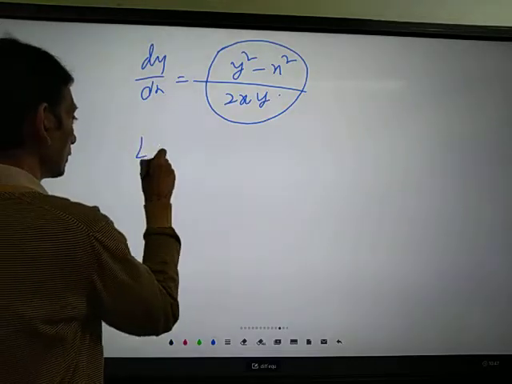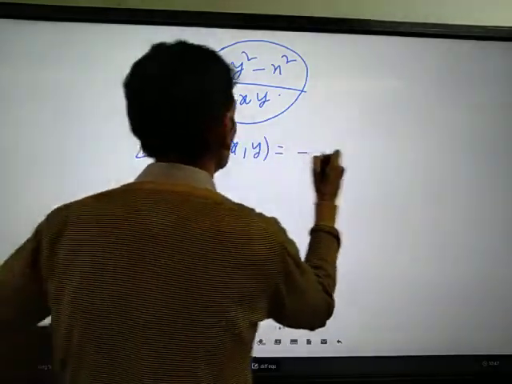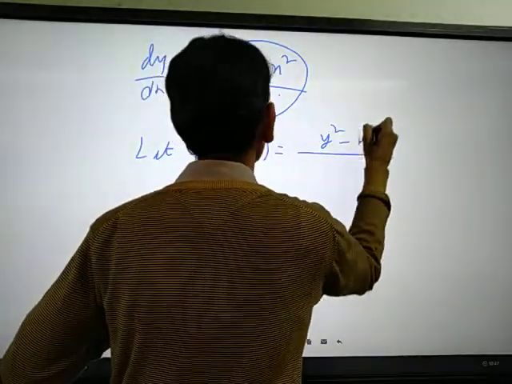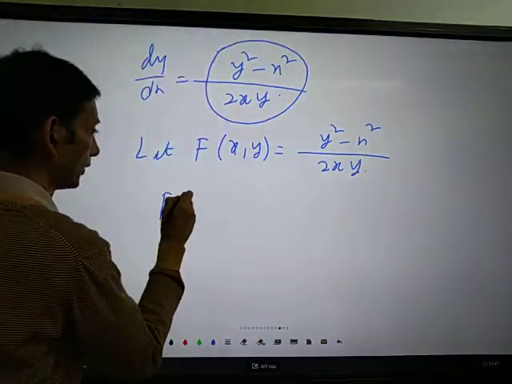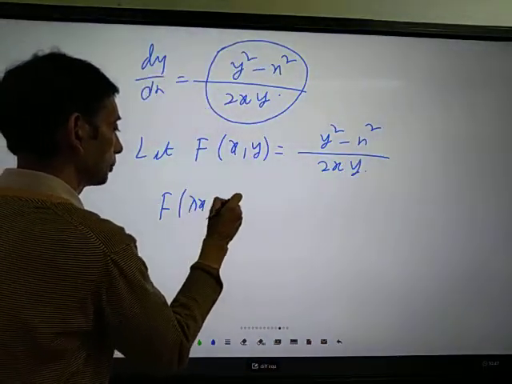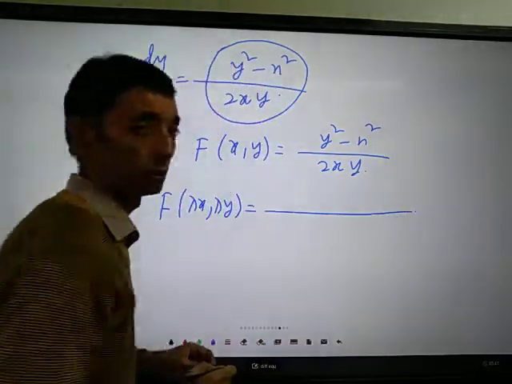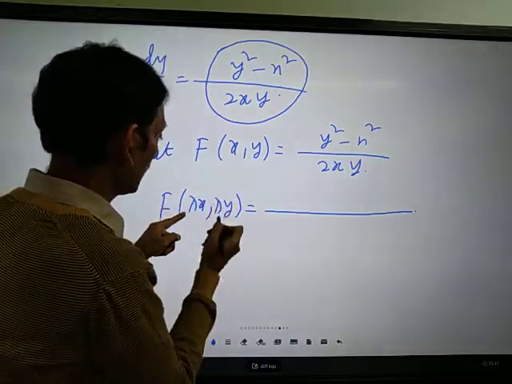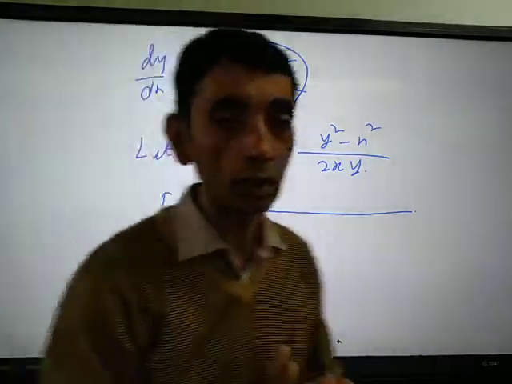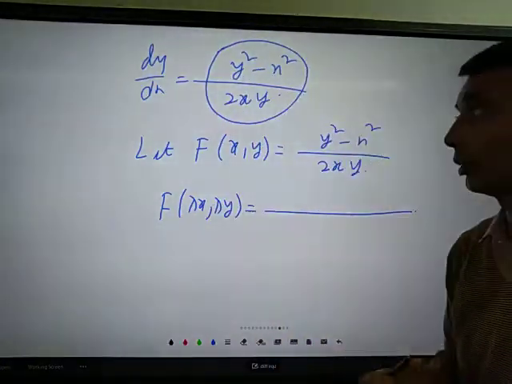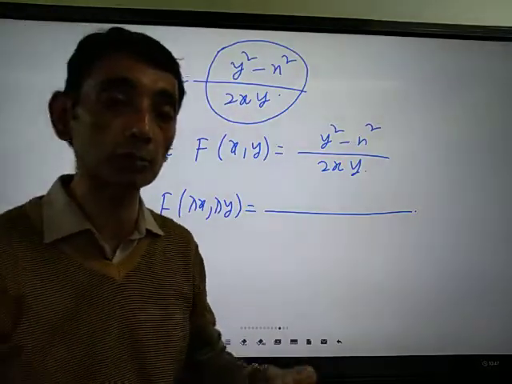So let f of x, y equal y square minus x square over 2xy, right? Now f of lambda x, lambda y. If we replace x by lambda x and y by lambda y, we will discuss whether this is a homogeneous differential equation or not, and also explain what type of differential equations are said to be homogeneous.